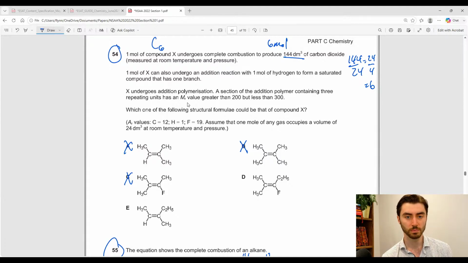It undergoes addition polymerization. A section of the addition polymer containing 3 repeating units has an Mr greater than 200. So 3 repeating units has an Mr greater than 200 but less than 300. So it's between sort of 70 and 100.